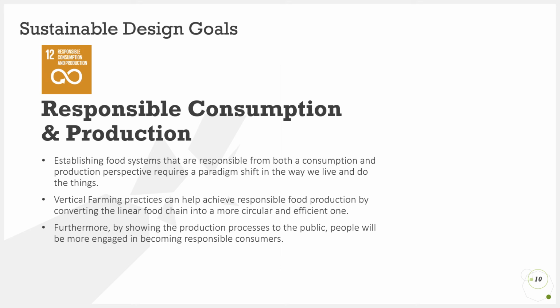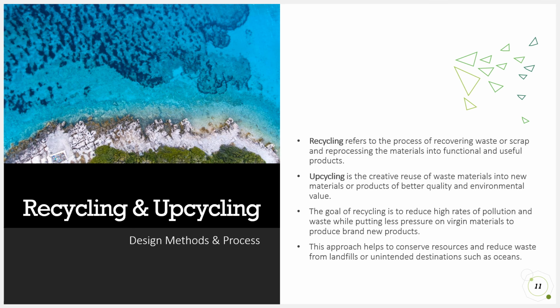So vertical farming practices can help achieve responsible food production by converting the linear food chain into a more circular and efficient one. Furthermore, by showing production processes to the public, people will be more engaged in becoming more responsible consumers, which is one of the things that I plan to do with my project.